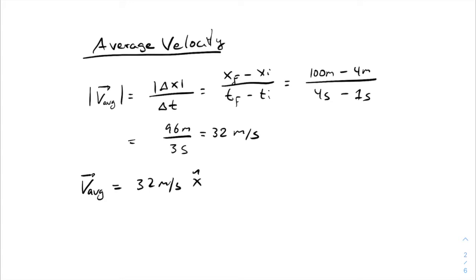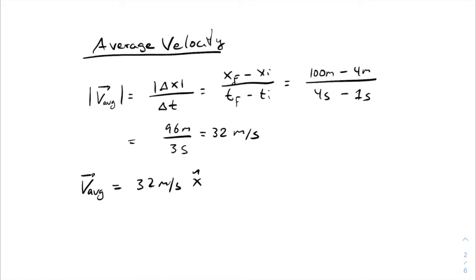Now that we know what the displacement is, we're going to start studying the average velocity. So what is the average velocity? The average velocity is the vector whose magnitude is equal to the displacement divided by the time that it took the object to move from one position to the other.